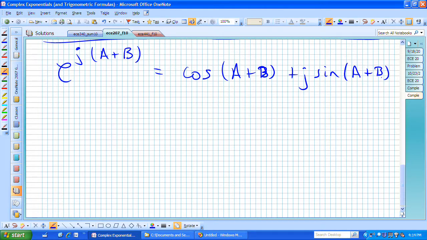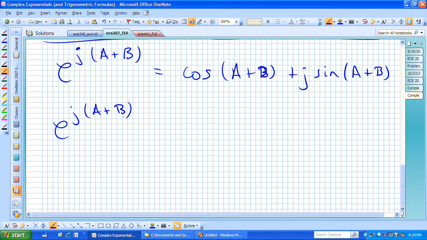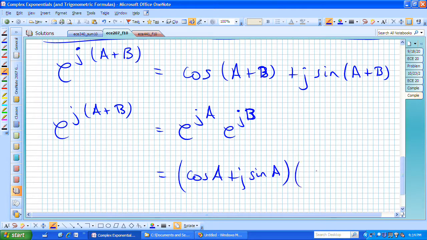What we're wanting to do, though, is remember that we can express e to the j times a plus b as this product of complex exponentials using the exponential relationship that we know to be true, and now simply expand e to the ja using Euler and e to the jb using Euler, giving us cosine a plus j sine a times cosine b plus j sine b.